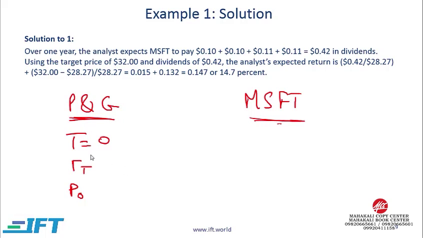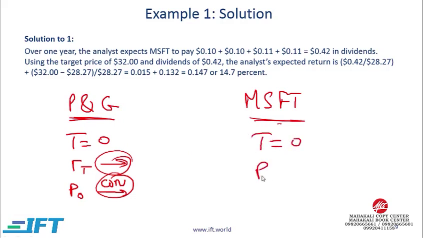So with Procter & Gamble starting at time 0, there is a certain required return plus there is a convergence, and we combine these two to figure out what the overall return will be over the holding period.